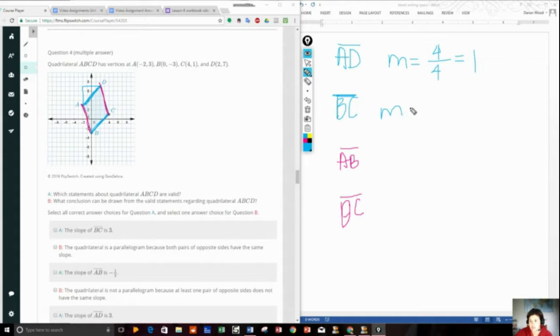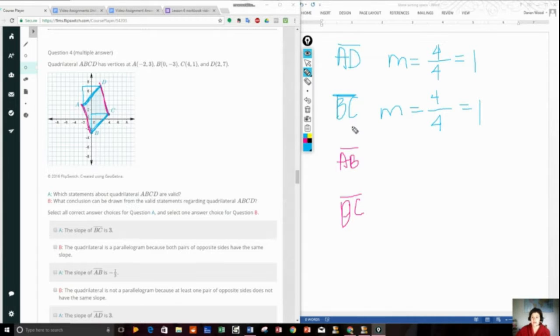So now I want to check my BC. So from B to C, my vertical distance is 1, 2, 3, 4. That's our rise, and it's positive since it went up. And we're going to check our run or our horizontal distance. 1, 2, 3, 4. 4 over 4 reduces down to 1.